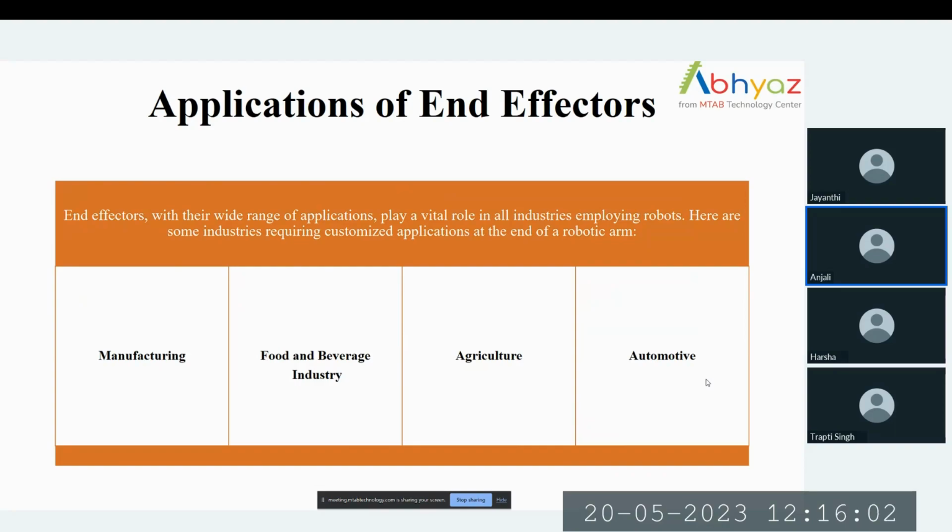It can be equipped with sensors to detect the ripeness of crops and to monitor soil conditions. In the automotive industry, it is used to handle various components such as engines, transmissions, and wheels. It can also perform tasks such as welding, painting, and assembly.